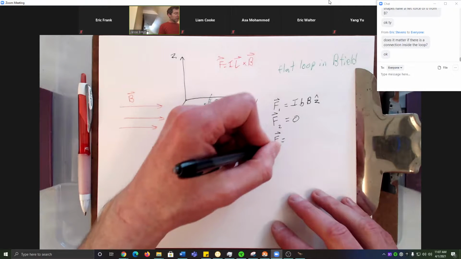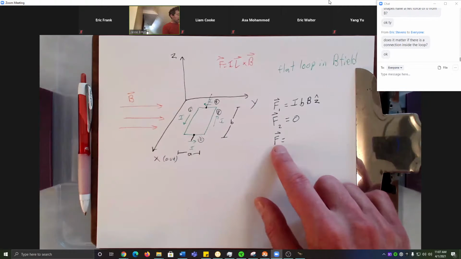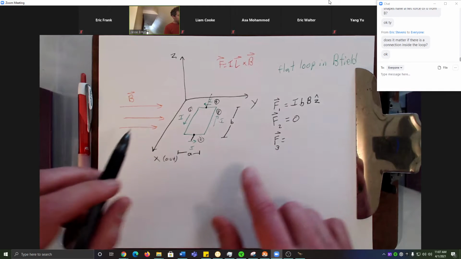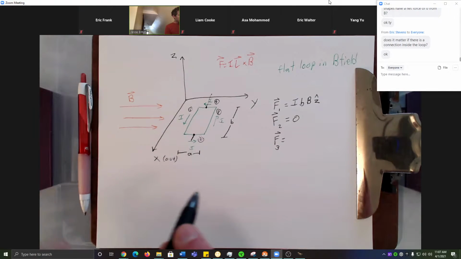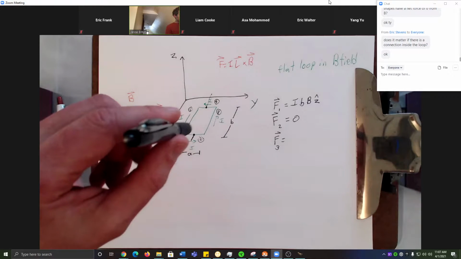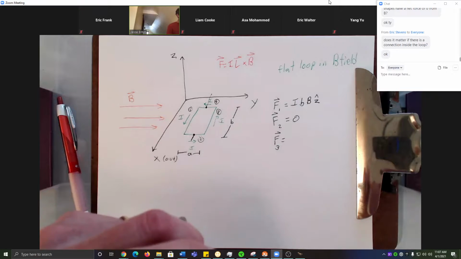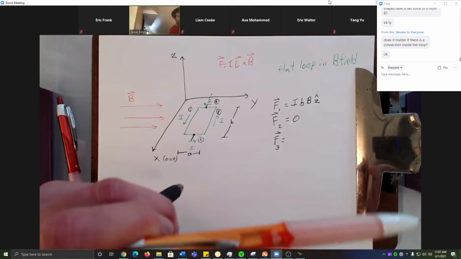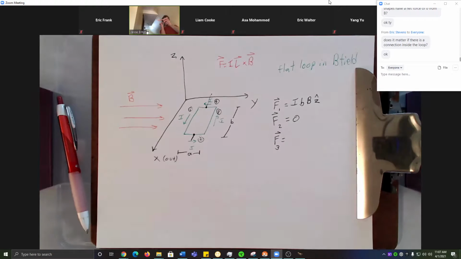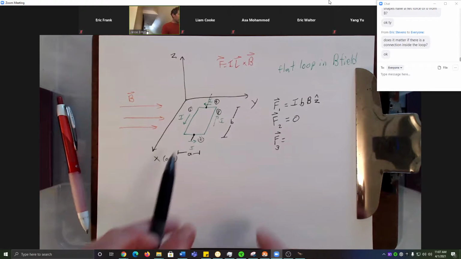The force on leg 3 is going to be, well, now L goes into the page, B goes this way, and so L cross B is now this way, so it's downward.